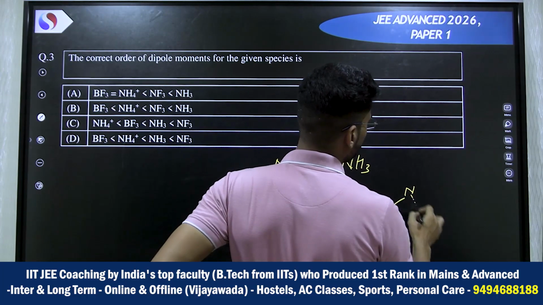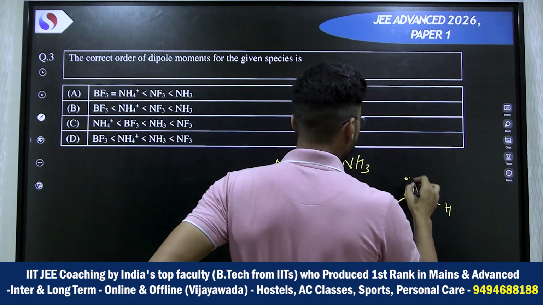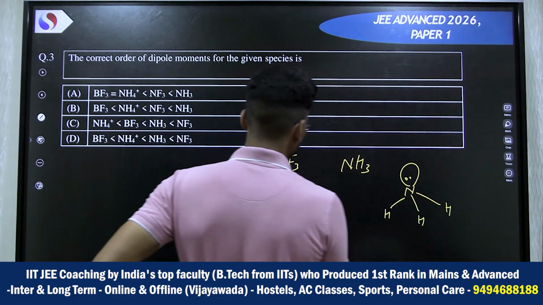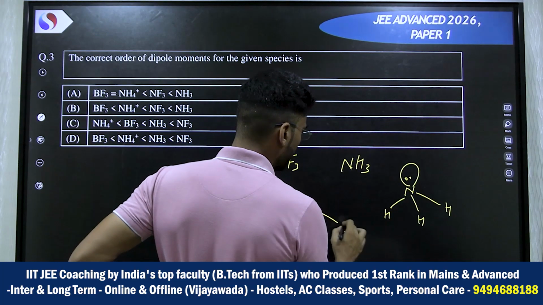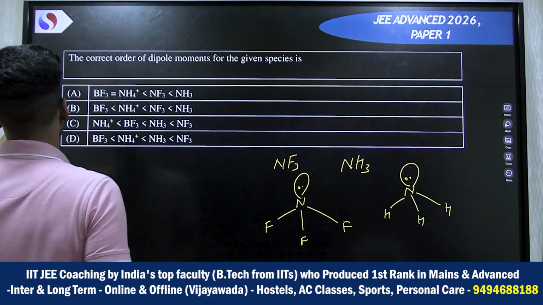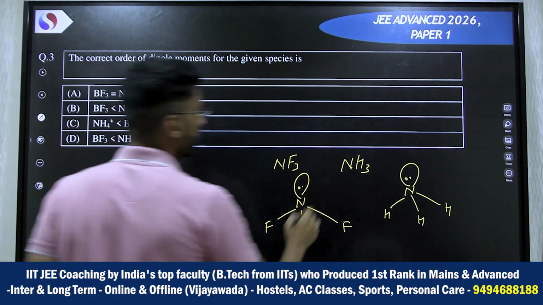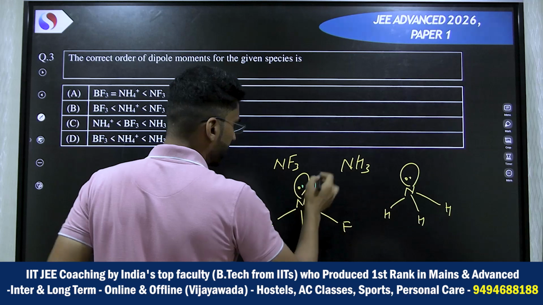I know that nitrogen, hydrogen, hydrogen and hydrogen, one lone pair is there. Similarly, in case of NF3, this is fluorine, fluorine, fluorine, one lone pair is there. So what is the direction of dipole moment? In this case, it will be toward the direction of lone pair.